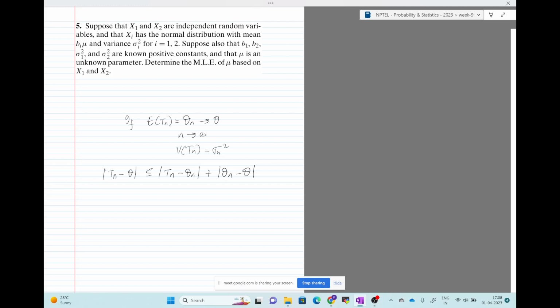Then in the last step, sir says sigma n square by (eta minus mod of theta n minus theta) whole square. Okay, this step you understood? This step is understood, but from this step, how does sigma n square by (eta minus mod of theta n minus theta) whole square come?